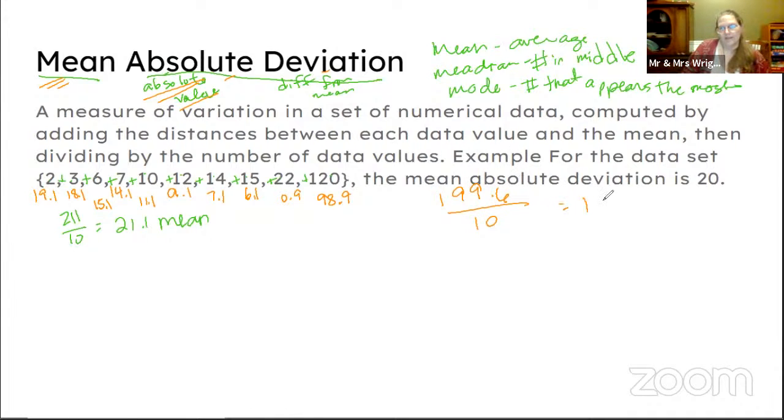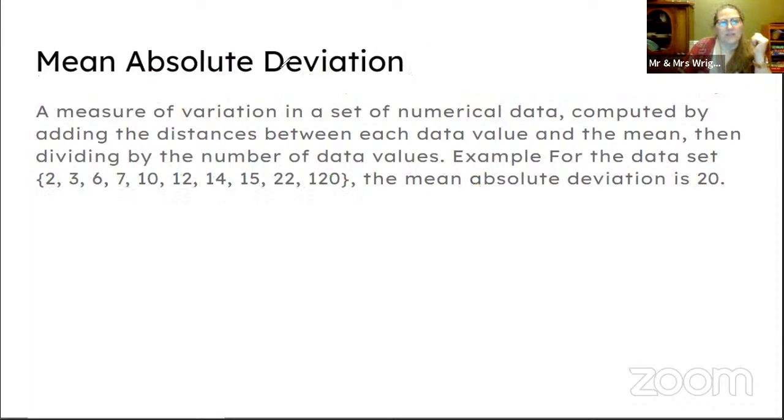And I got 19.96, rounding up gives me 20. So that's mean absolute deviation.